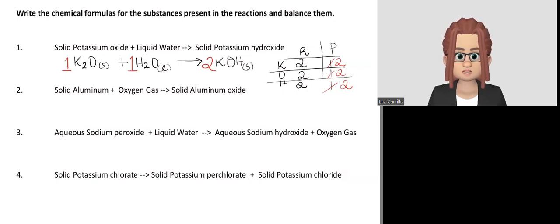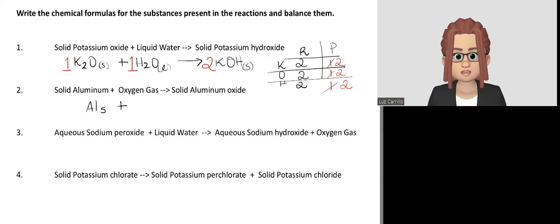So for number 2, it says solid aluminum. So we say Al, S, and then we have oxygen gas. It is important that you know that when you have a chemical reaction, your diatomic molecules will be in their diatomic elemental form for our reactions to occur.